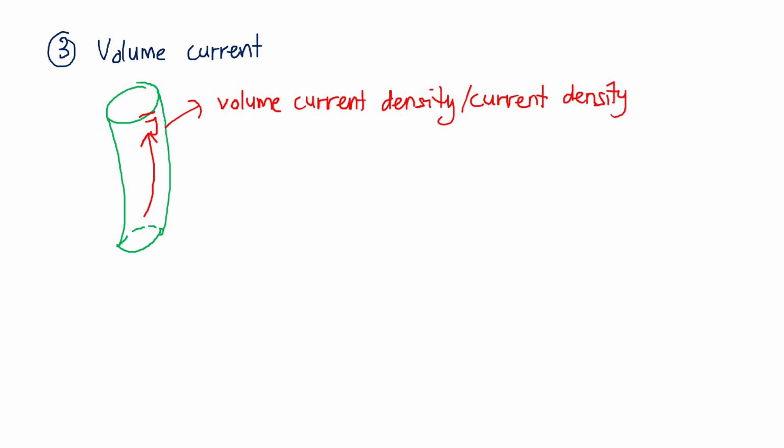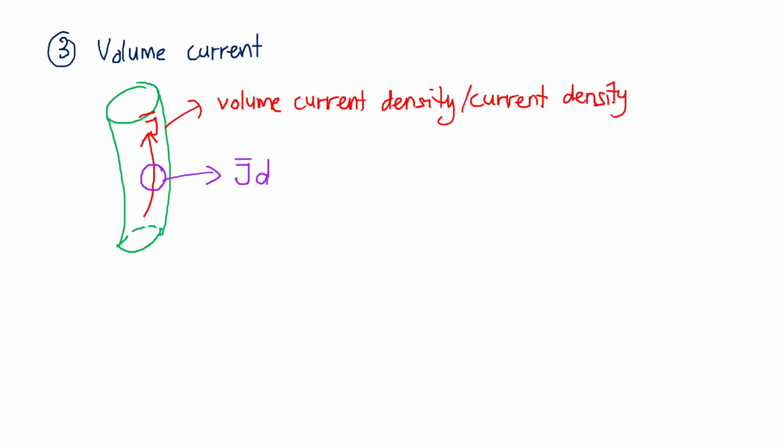As usual, we are going to take a sample. Let's say this is our sample, and we can see that this J is passing through our sample. So this will be J, and for the volume current, we are going to consider our sample to be in a box.